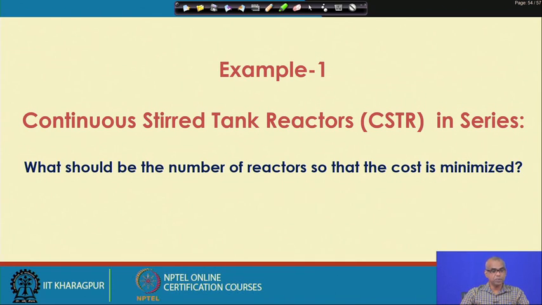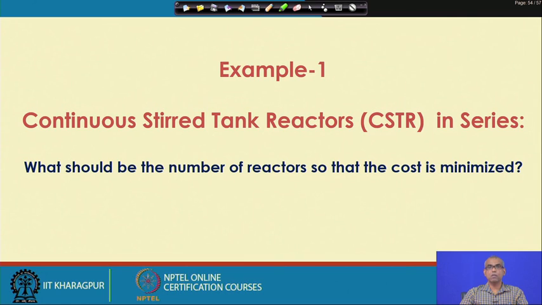So, as the first example, we are again taking the case of continuous stirred tank reactors in series, but this time we are thinking that there are n number of reactors in series.